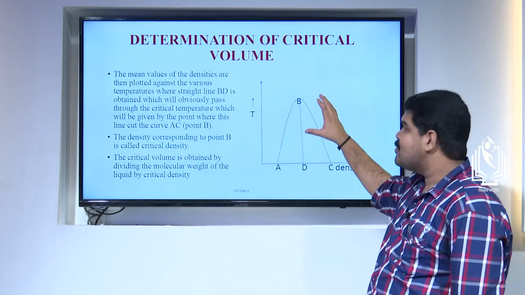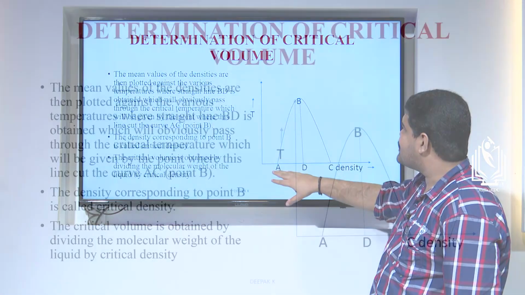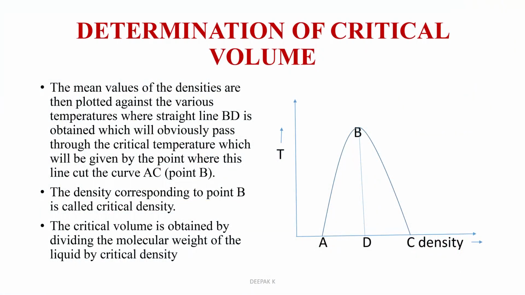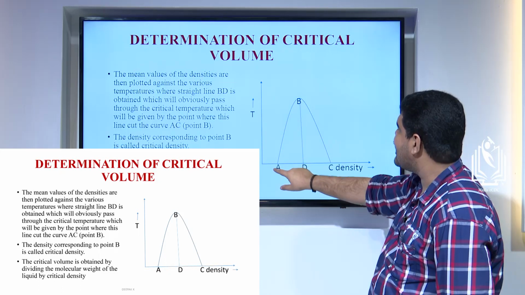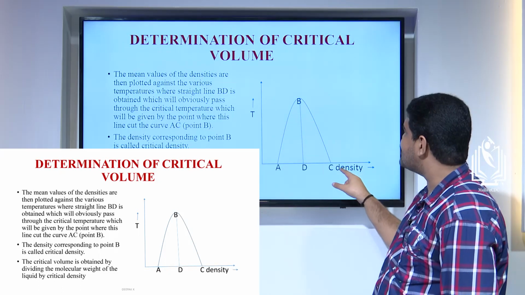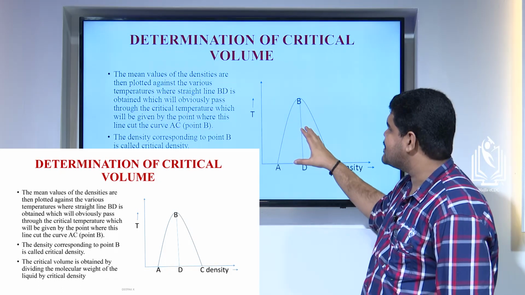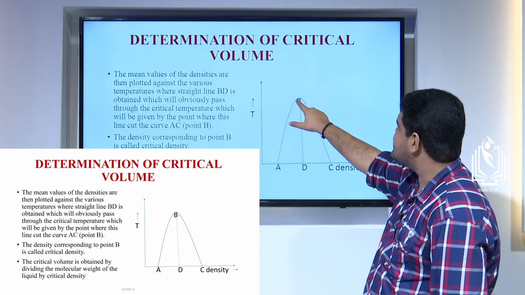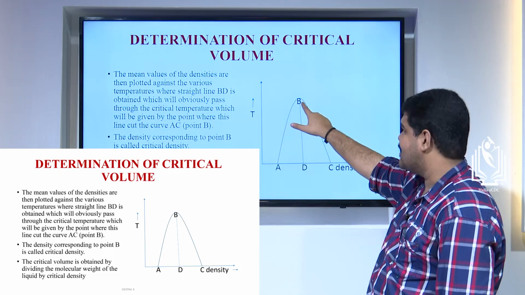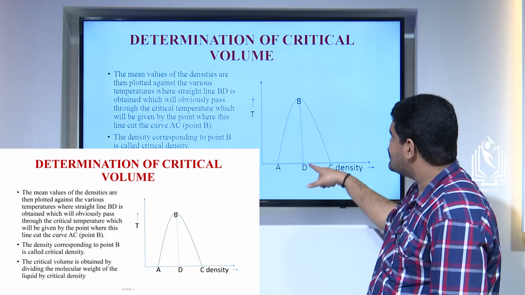Okay. So, this is the curve which is obtained on plotting the densities of liquid and vapor against temperature. The temperature-density plot is given here, and AB and BC are the two curves obtained upon plotting densities against temperature, and they are extended to a common point B. And now, how is this line drawn?